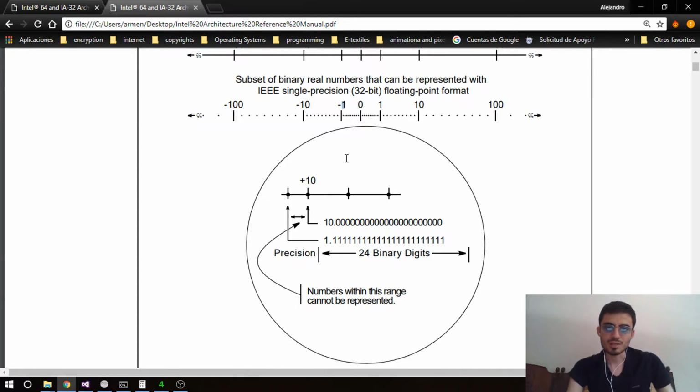These are the 24 binary digits in the space that you have, and you have this implied integer. Is this implied or is it not implied? I don't know.